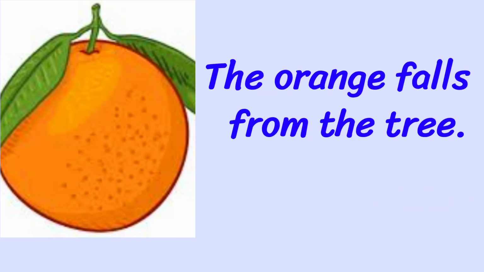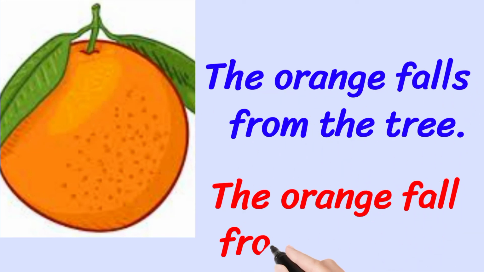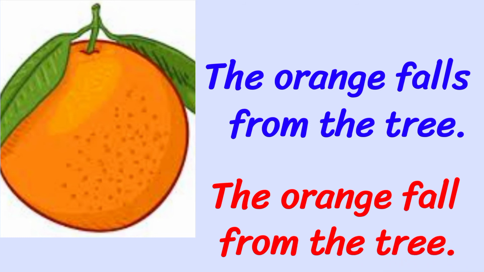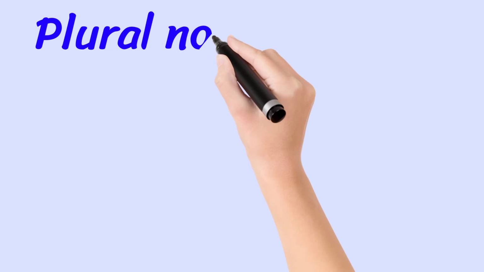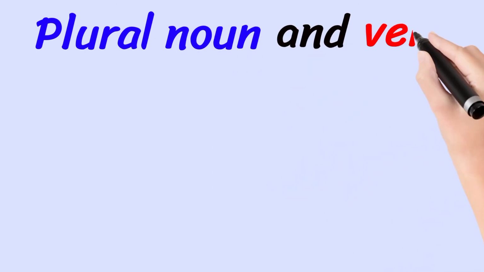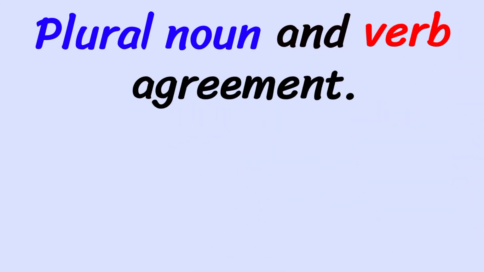The orange falls from the tree, or the orange fall from the tree. Which subject and verb agree? The orange is a singular noun, so we need a singular verb, which is falls. Now, we know how to match a singular noun and singular verb in a sentence. Shall we now look at the plural noun and plural verb agreement?